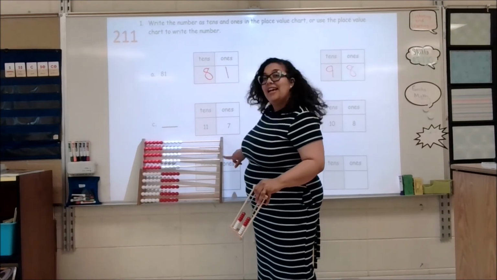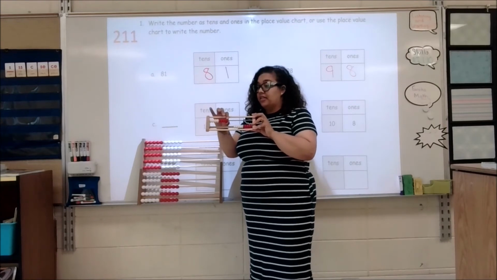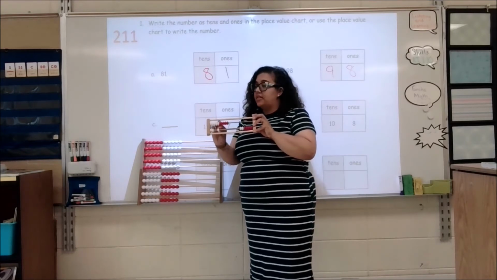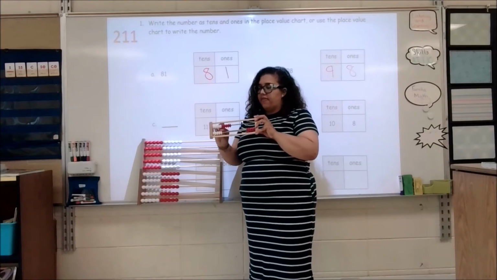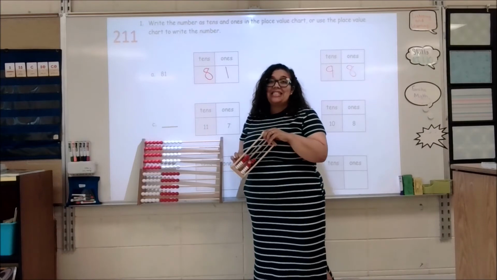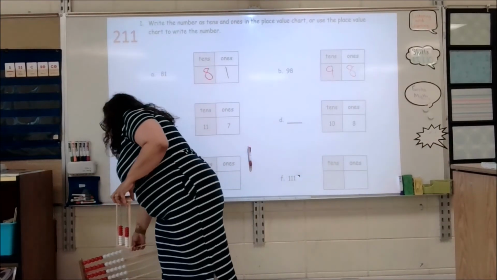That's 10 tens. And then we said 11 tens. Let's keep going. 11, 10, 1. 11, 10, 2. 11, 10, 3. 11, 10, 4. 11, 10, 5. 11, 10, 6. 11, 10, 7.